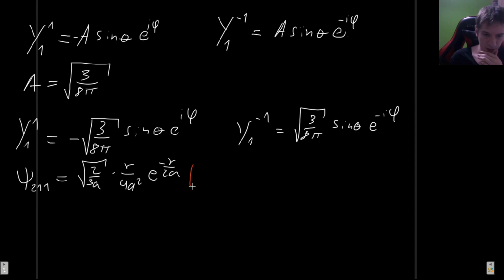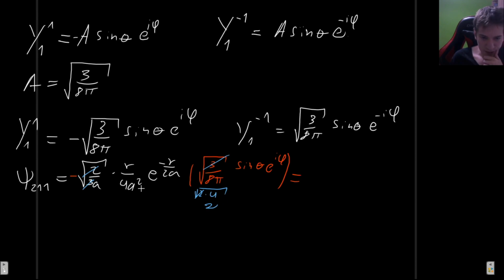So it's going to be, well, the minus sign, let's just leave it in front. Square root of 3 divided by 8 pi sine theta e to the i phi. How can we simplify this? Well, this 3 cancels out this. This square root of 8 is basically square root of 2 times 4. And the 2 will cancel out this one right here. And the 4 is just 2.